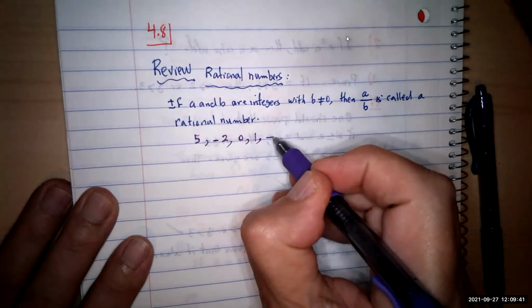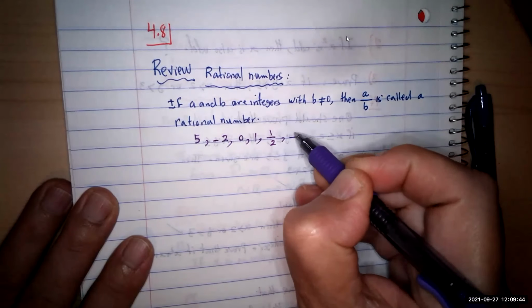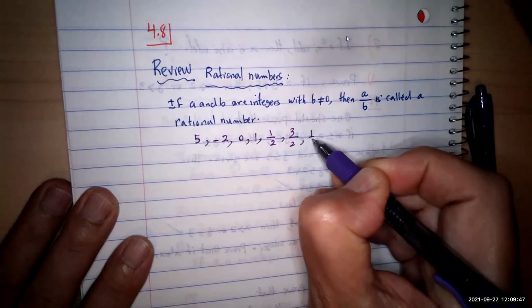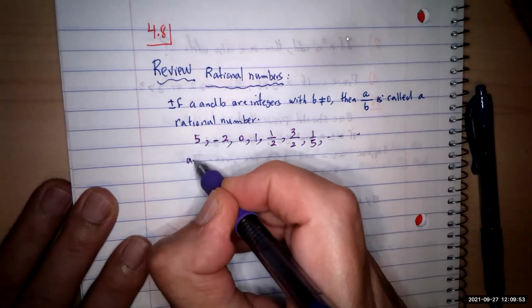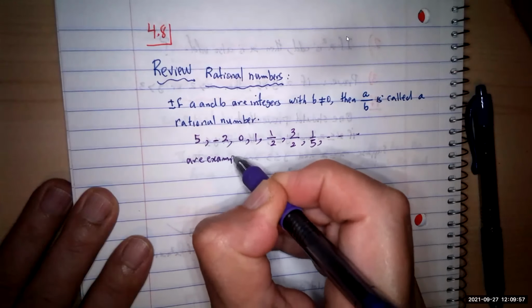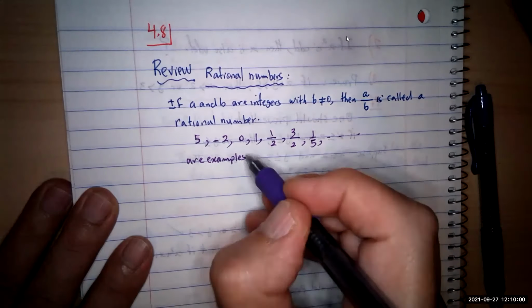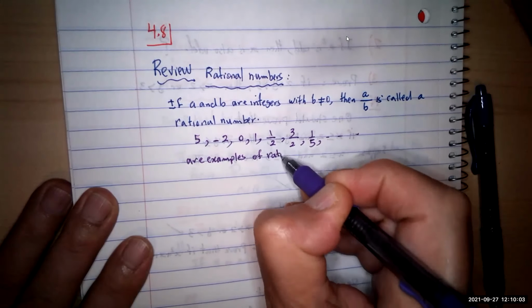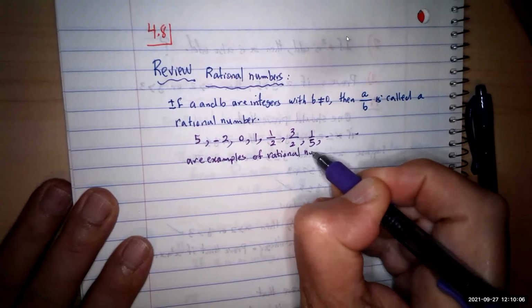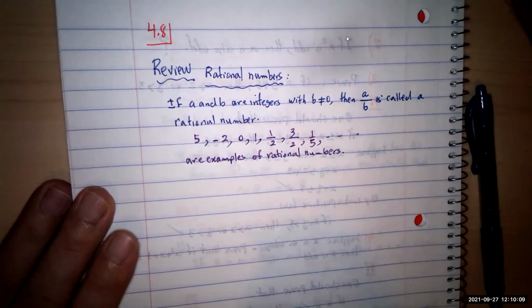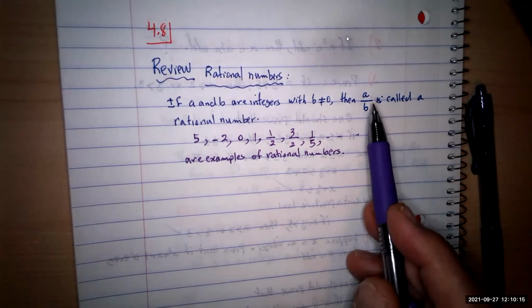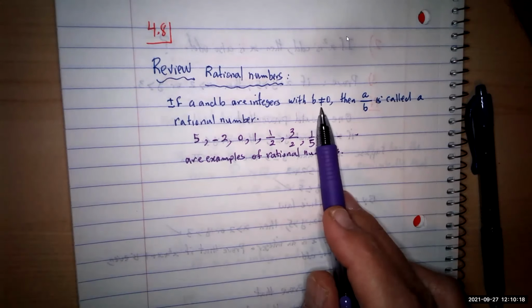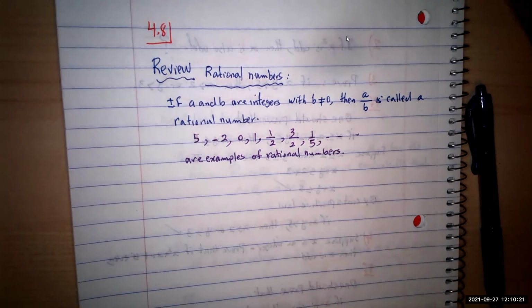Then 1/2, 3/2, and 1/5 are rational numbers, etc. From now on, in the proofs of those problems, anytime you want to introduce a rational number, you say A over B, but quickly you have to write that B is not equal to 0.